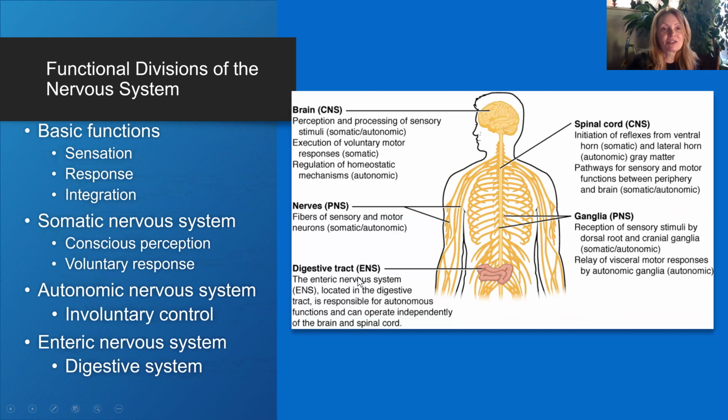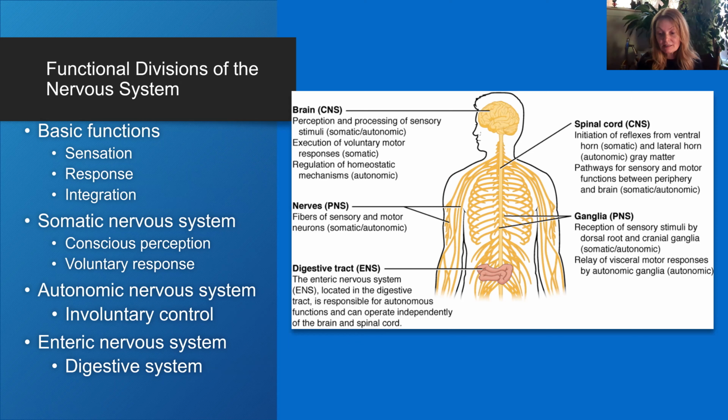Next, the functional division of the nervous system. What are the functions? Sensation, integration, and response. Your nervous system receives sensory information from outside or inside of your body.